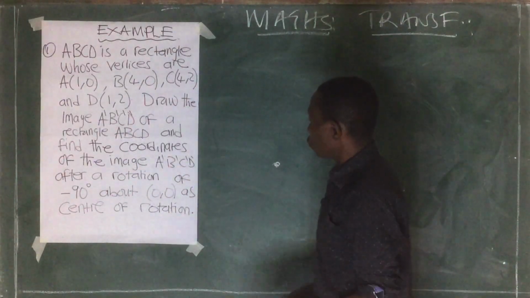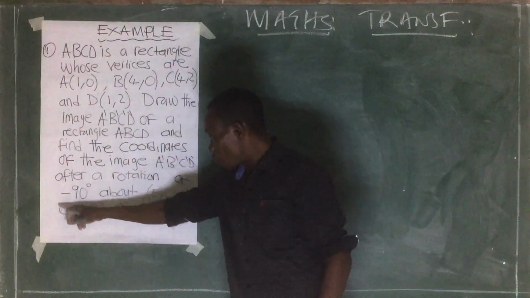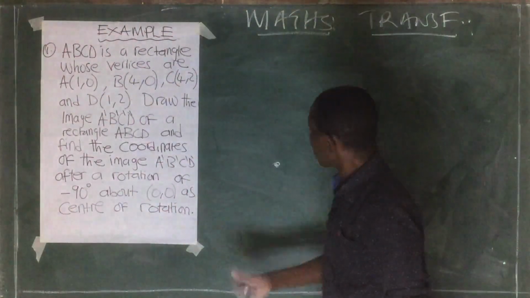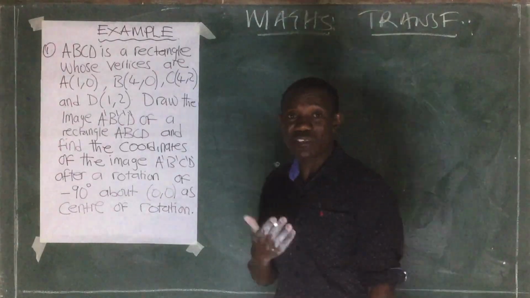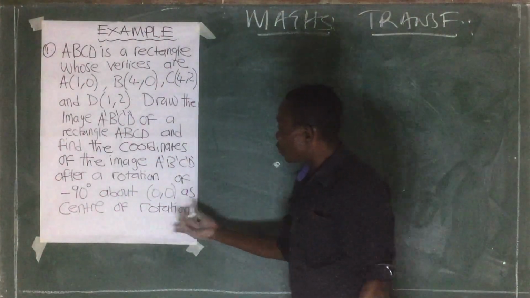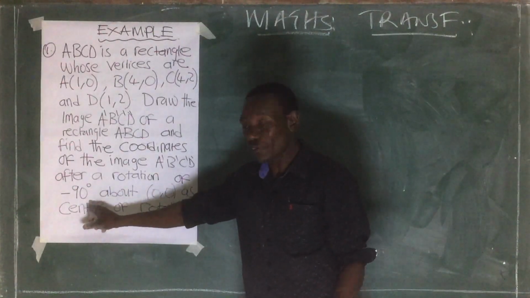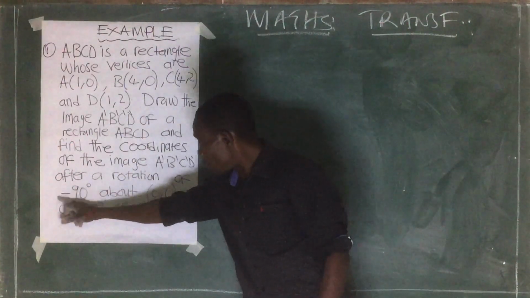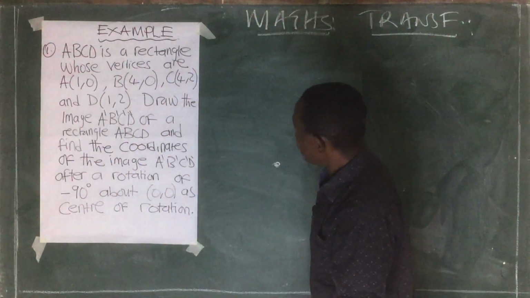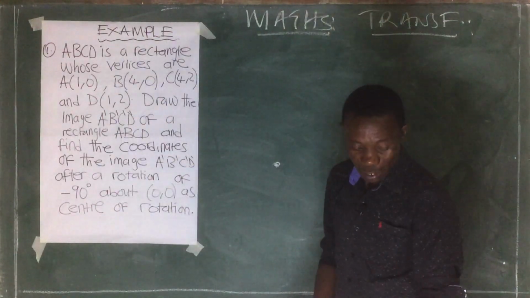Then you have to realize to which direction we are going to rotate the figure. Last time it was positive 60, if you can go by the video I had. But this time I've got 90. Which direction of the 90? Is it positive or negative? Now it's negative. The moment it's negative, realize that we're going to rotate this figure towards the right. That's the clockwise direction.